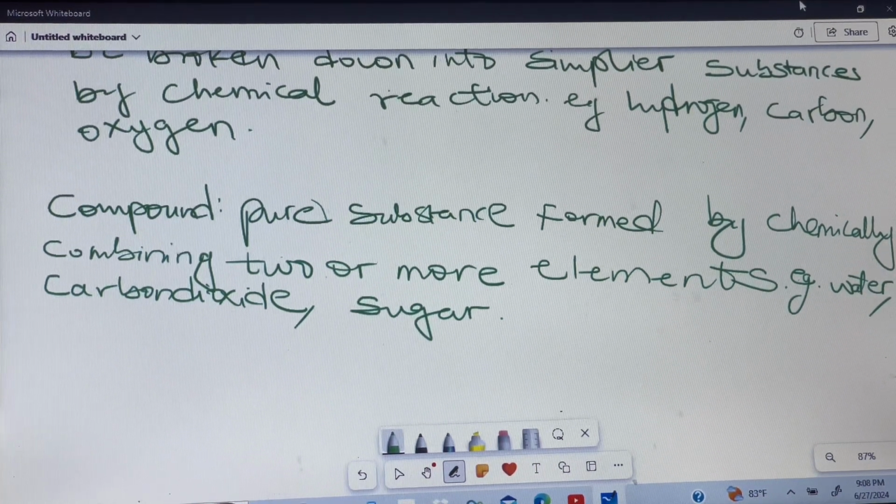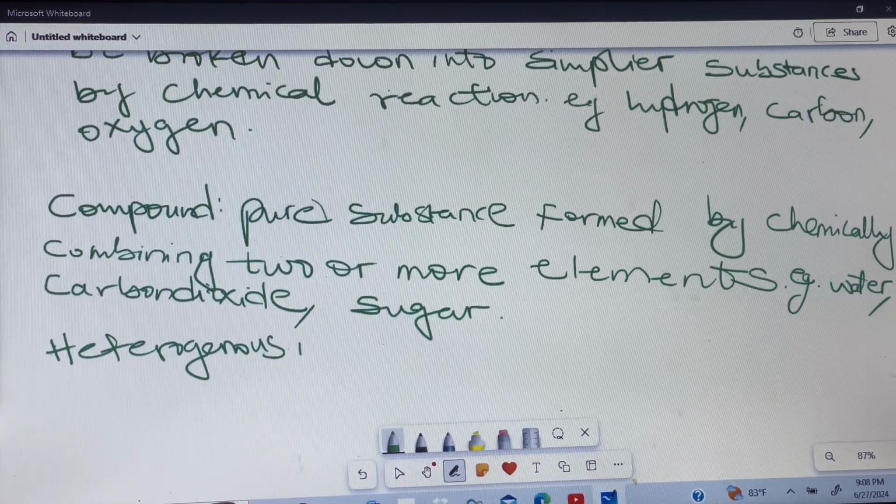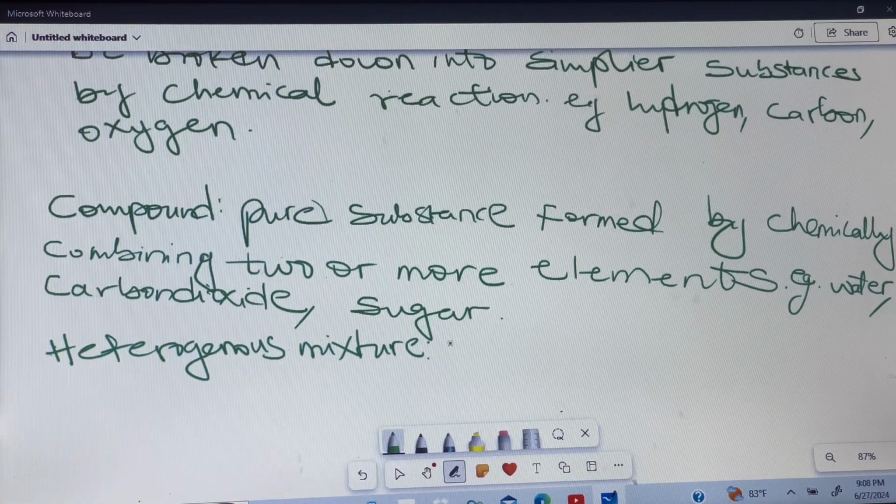So we're going to talk about the mixtures now, the heterogeneous and the homogeneous mixture. First of all, I'm going to talk about the heterogeneous mixture. This is different throughout. Any mixture that is different throughout, you see different colors.